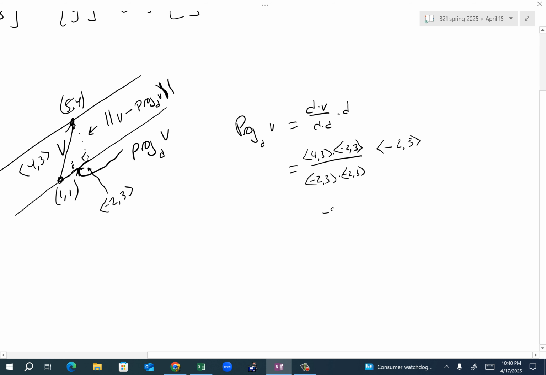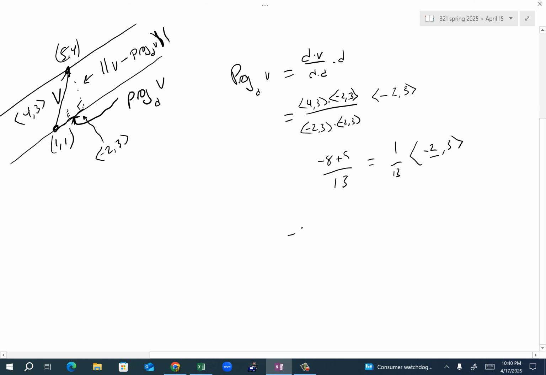So on top, you're going to have negative 8 plus 9 is 1. On the bottom, you're going to have 4 plus 9 is 13. So you're going to have 1/13 times negative 2, 3. And so there it is. Now, that is negative 2/13, 3/13.